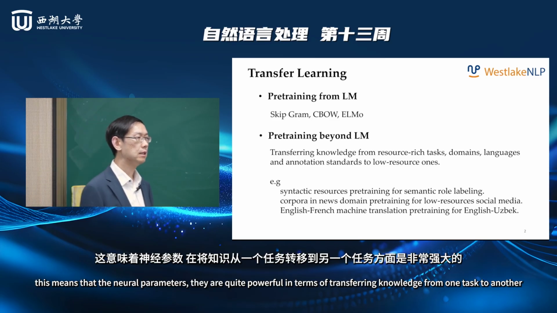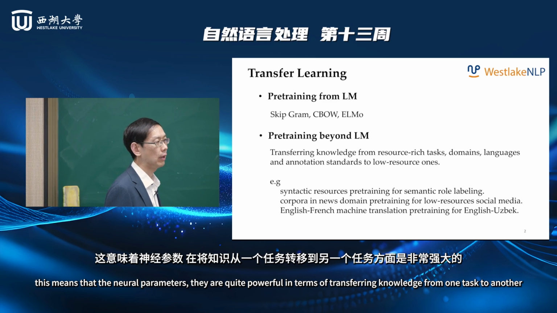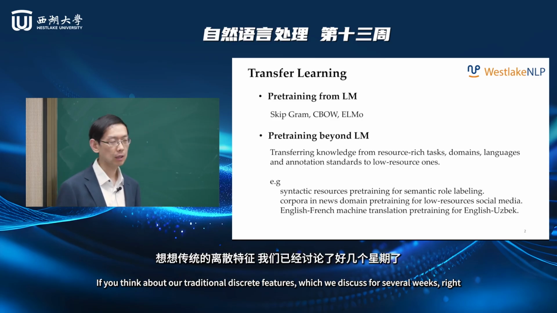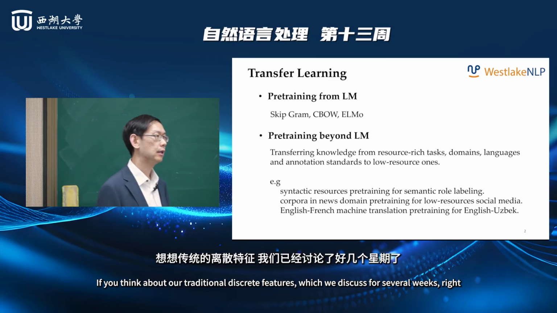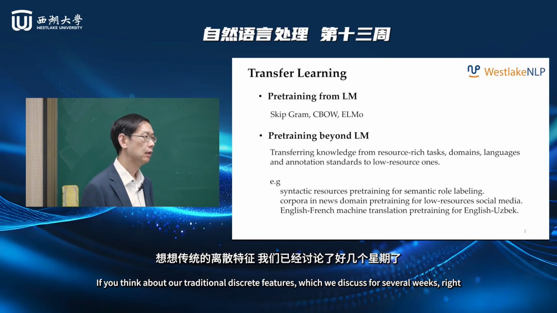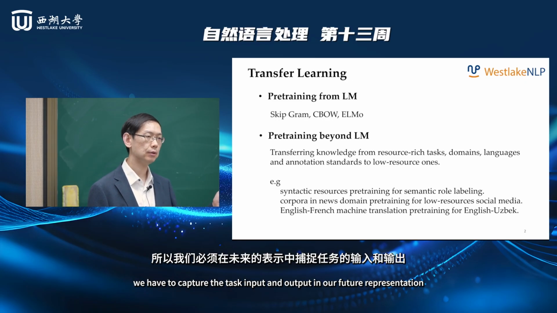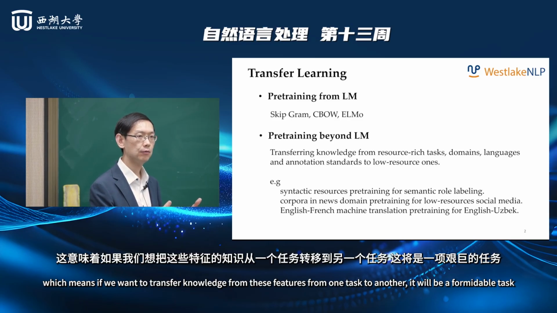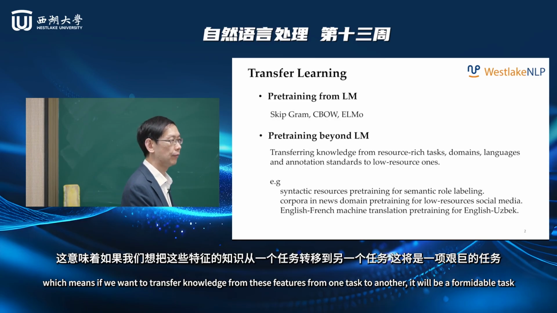So the neural parameters are quite powerful in terms of transferring knowledge from one task to another. If you think about our traditional discrete features, which we discussed for several weeks, we have to capture the task input and output in our feature representation. So if we want to transfer knowledge from these features from one task to another, it will be a formidable task.